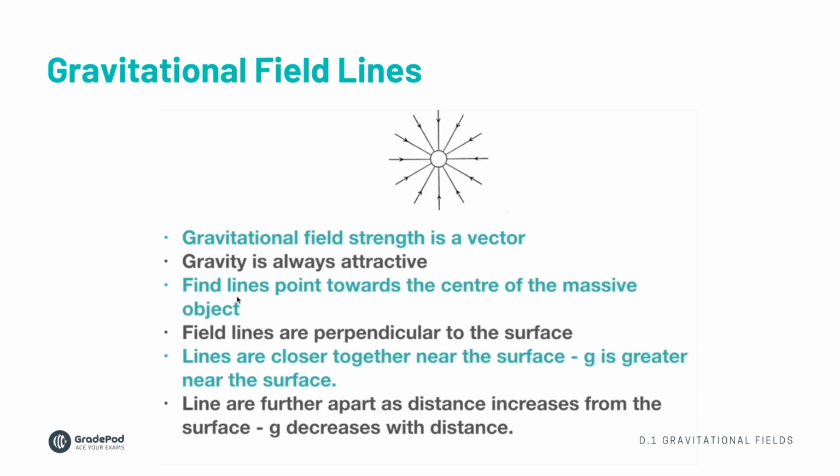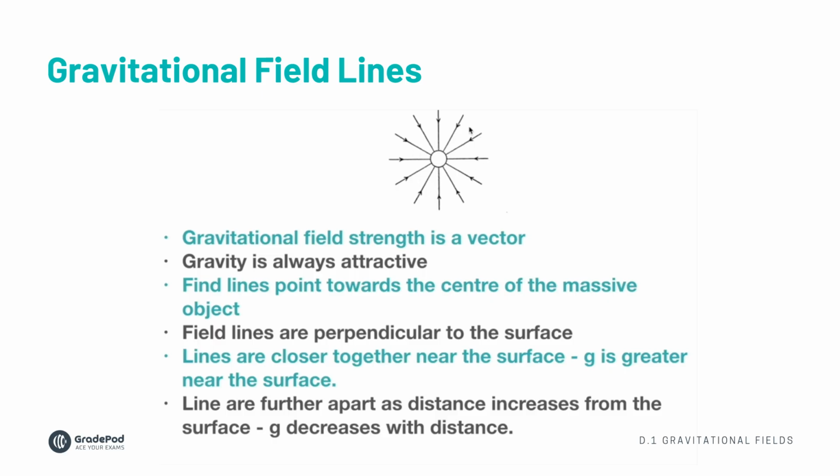You find that the lines point towards the centre of the massive object. If you imagine those lines to extend towards each other, they would all combine at the centre of the object. You can see that the lines are perpendicular to the surface of the object, and the lines are closer together near the surface, which means that the gravitational field strength is greater when you're close to the surface.